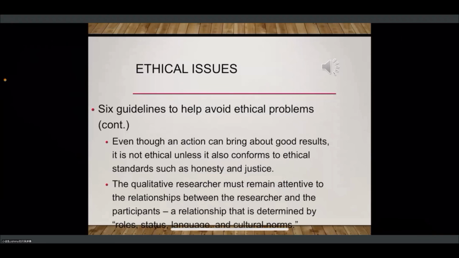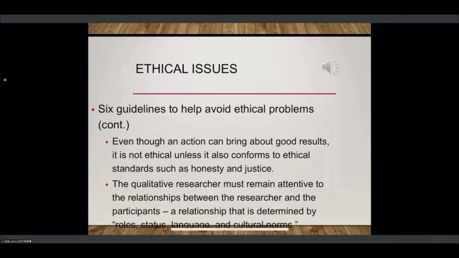We need to show honesty and justice to build a relationship with the participants, and then we can acquire a lot of good information from them.